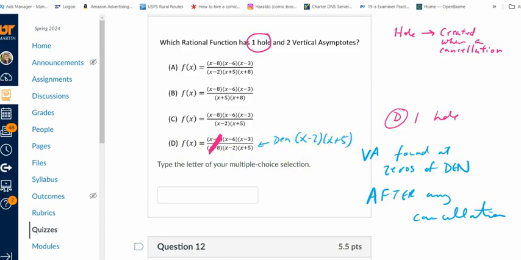And what are the zeros of that? What makes it equal to 0? Well, if x is 2 and if x is negative 5. So I will have two vertical asymptotes. They will be the vertical lines with equations x equals 2 and x equals negative 5. So D has one hole and it has two vertical asymptotes. So the answer is going to be D.